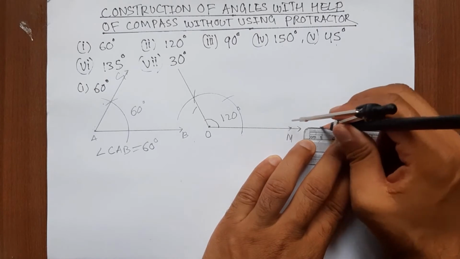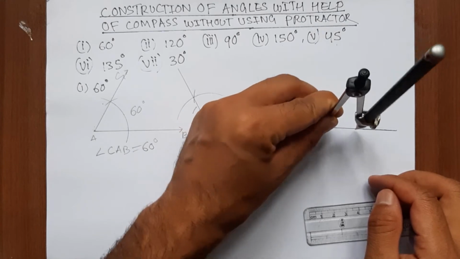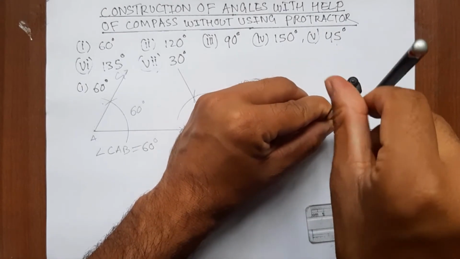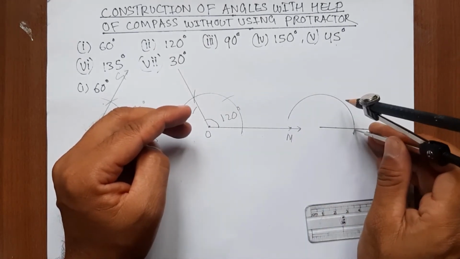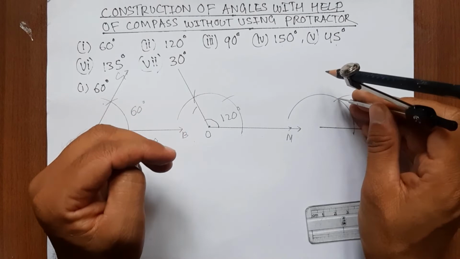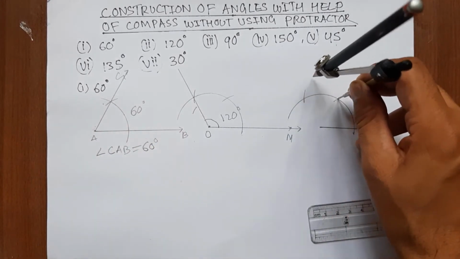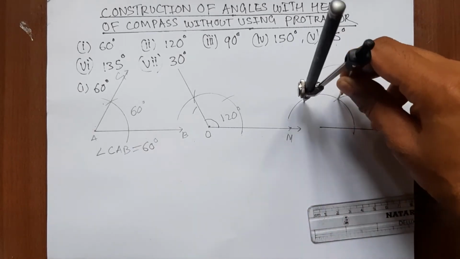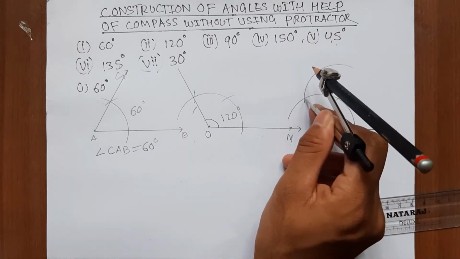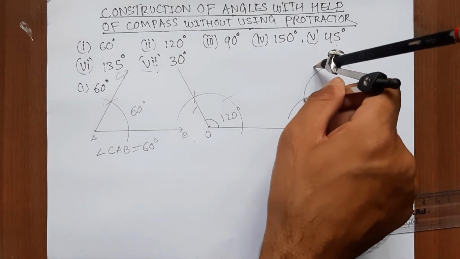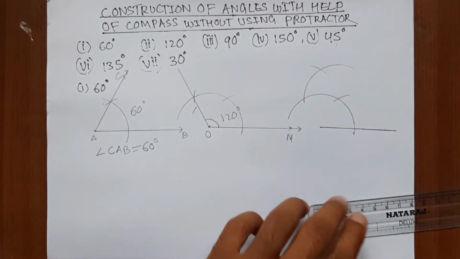So let us draw a 90-degree angle. The procedure is the same. First cut 60 degrees, second cut 120 degrees and make another arc, like this. Now put the pointer here at 120 degrees and mark another arc.